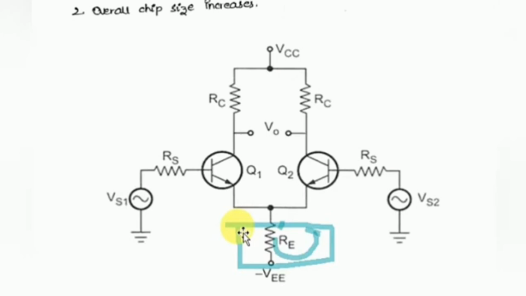So in order to increase the effect of resistance value and decrease the common mode gain, for better improvement of CMRR, we are using two methods.